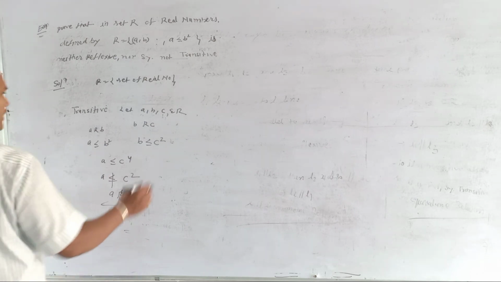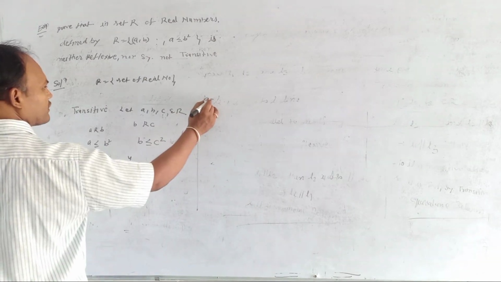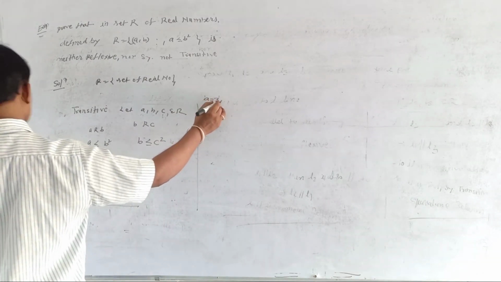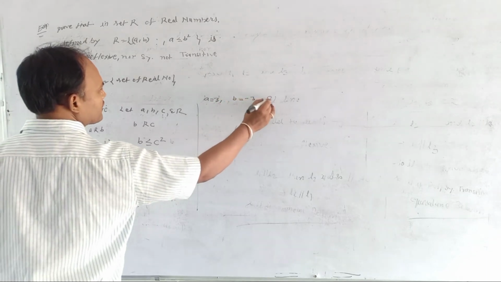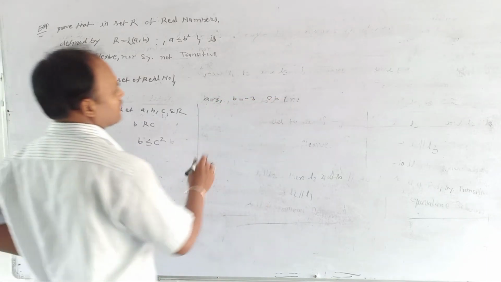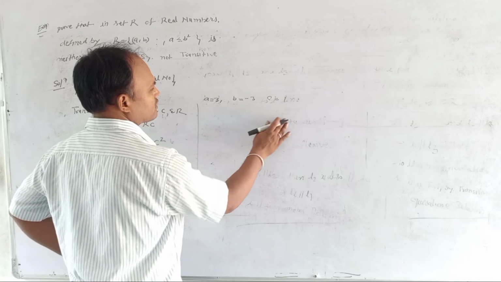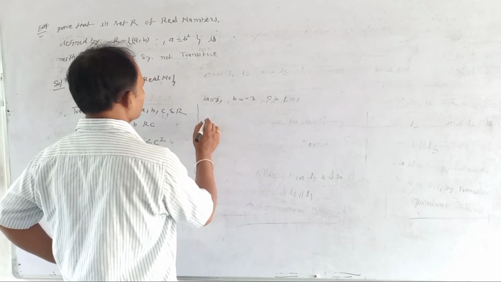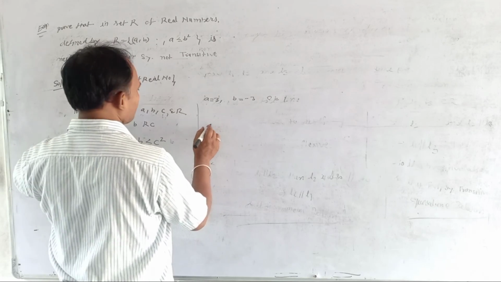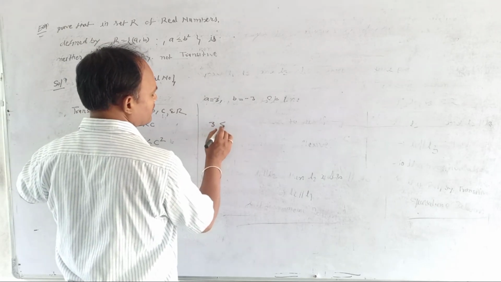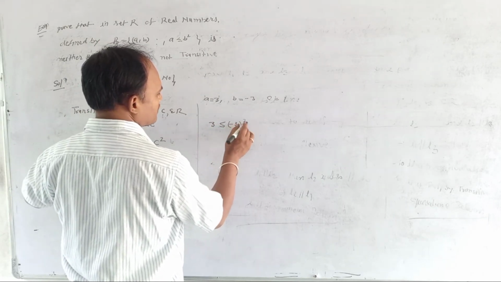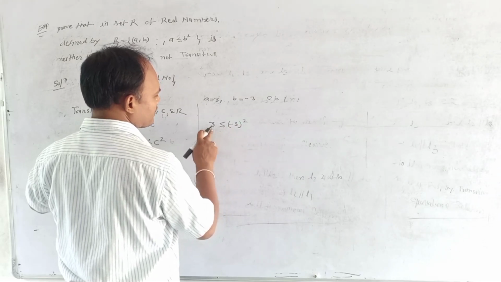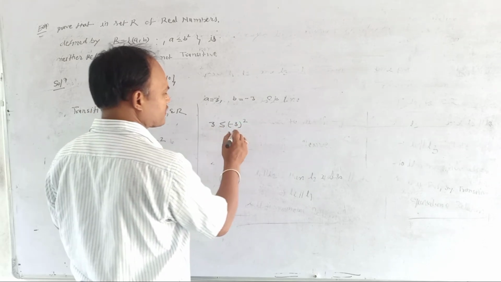If you want, you can take an example. Suppose a = 3, b = -3 and c = 1. First, 3 ≤ (-3)², meaning 3 ≤ 9. It is true.